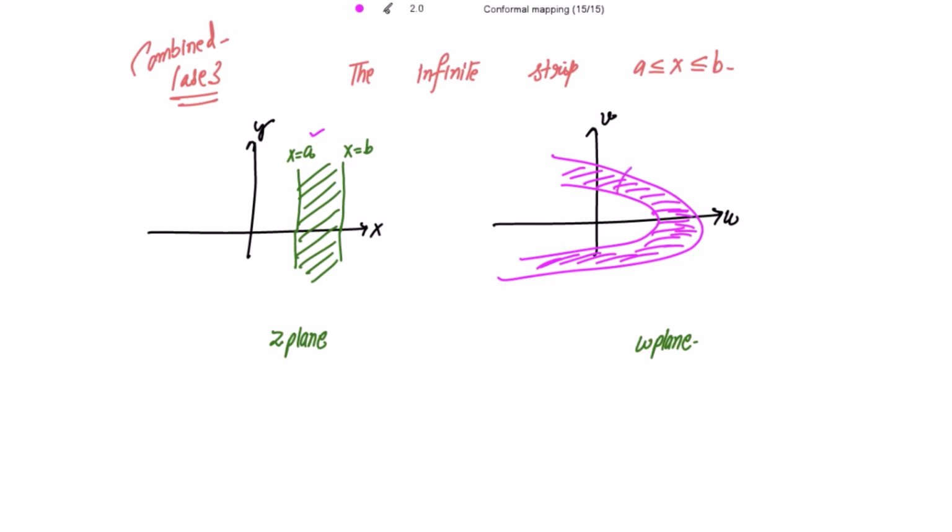This is your first parabola, that is v square equal to negative 4a square into u minus a square, and that is your second parabola for x equal to b, that is v square equal to negative 4b square into u minus b square, right? So this is about when we have taken x equal to constant in the z plane.